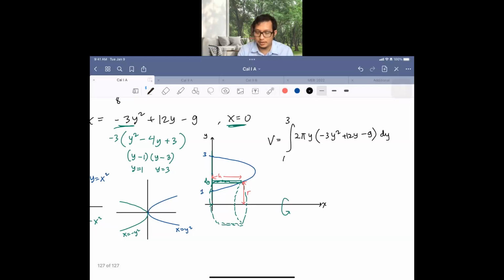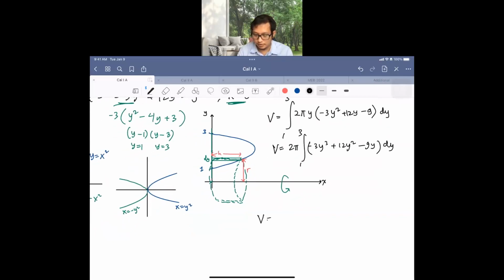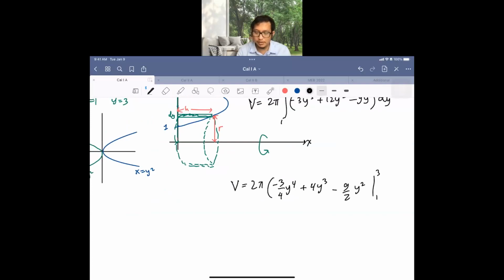So we could write all the terms, and we could start to integrate each one. So negative 3 over 4 y to the fourth, plus 4y cubed, minus 9 over 2 y squared, from 1 to 3. And we could have a little bit of calculation.